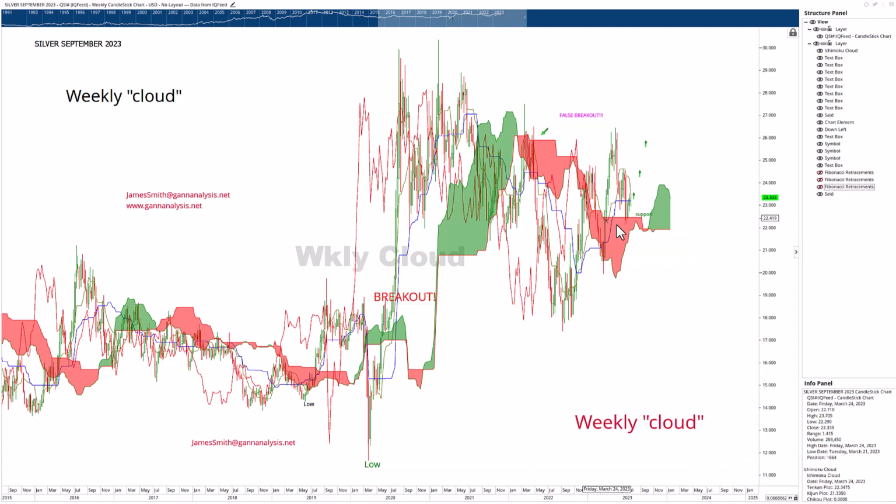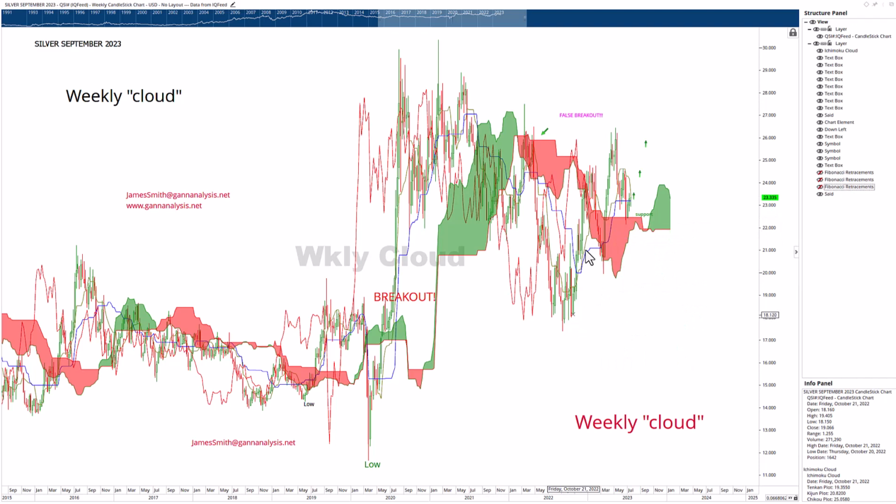Anytime you see this flat edge, you know it's a 50% retracement of some prior swing, and you can do a retracement and find out which swing it is. It's useful because, as you know from studying GAN, the 50% retracement is the most important retracement.